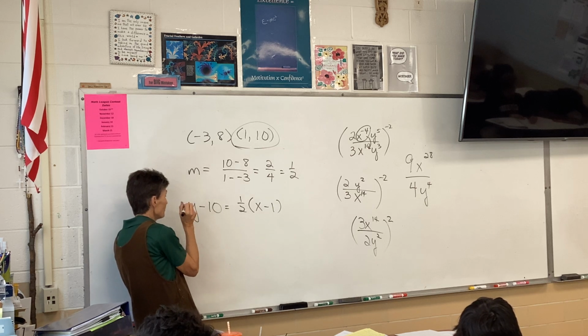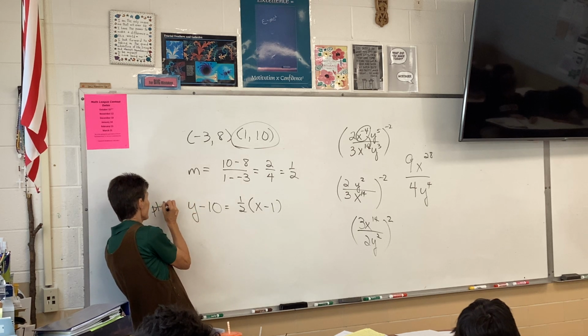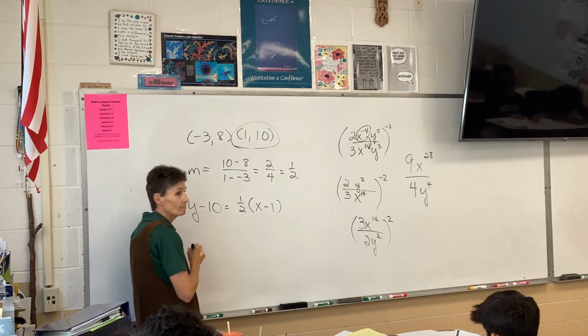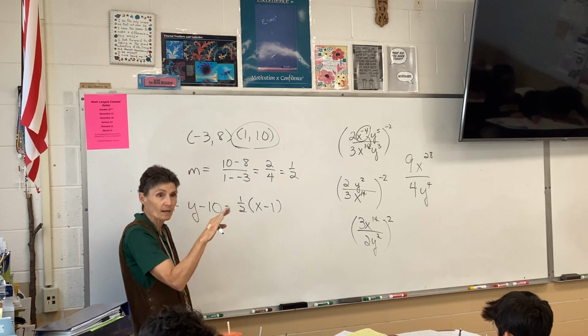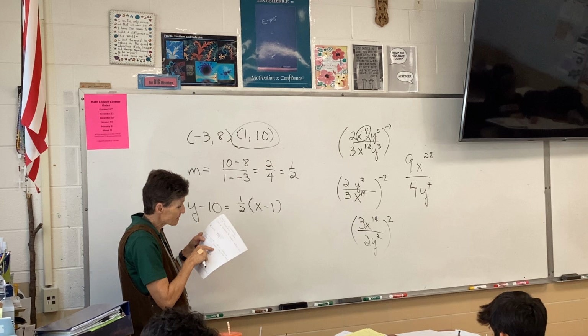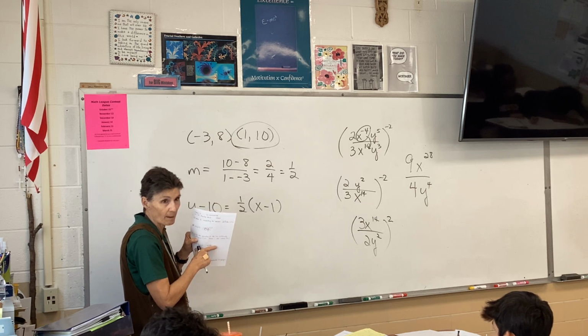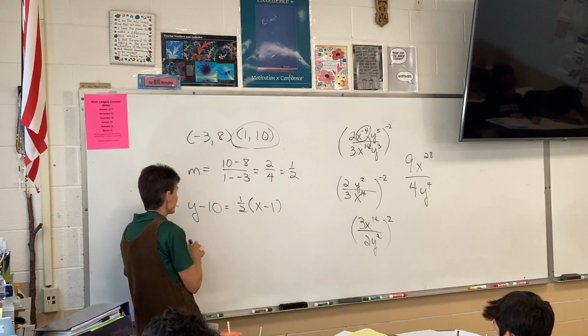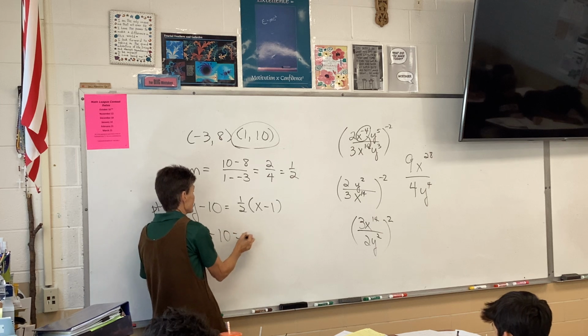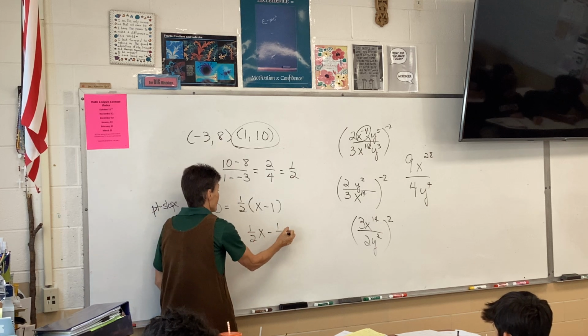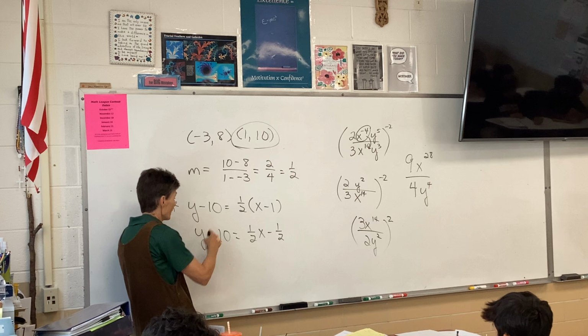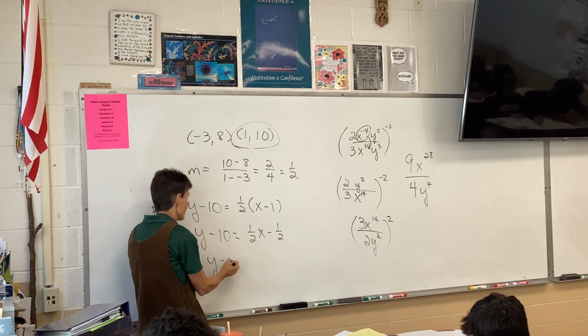Now, if the directions had said point slope, I'd be done. That is it, right there, I'm done. But the directions say answer in slope intercept, which means I have to go a couple more steps. I'll distribute and add 10 to the other side.